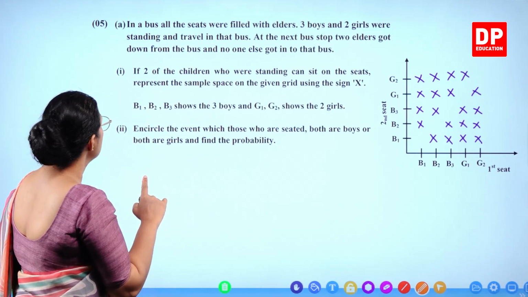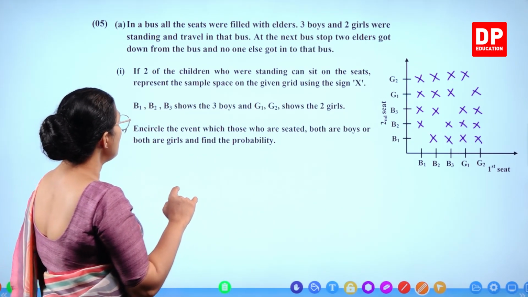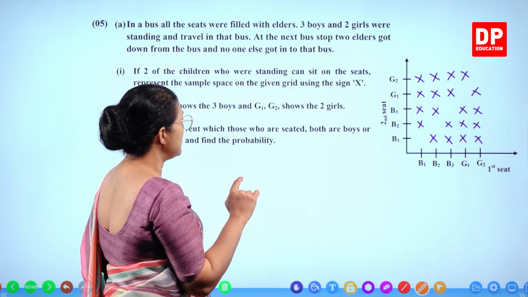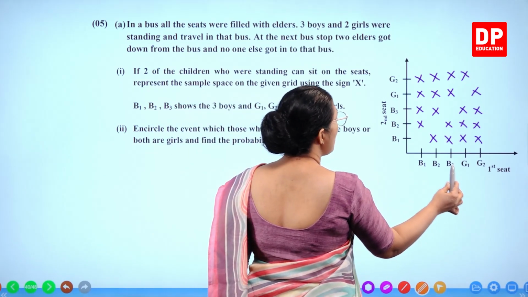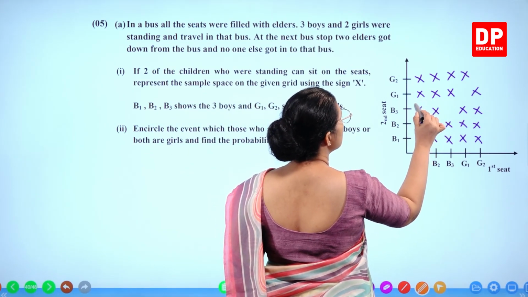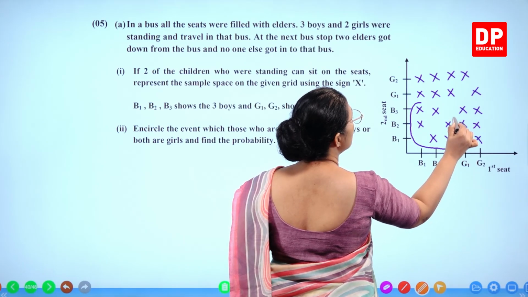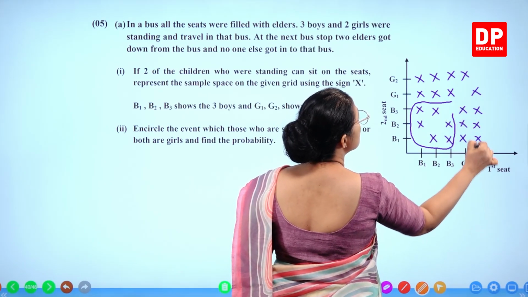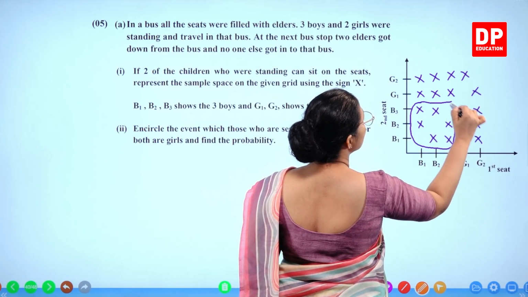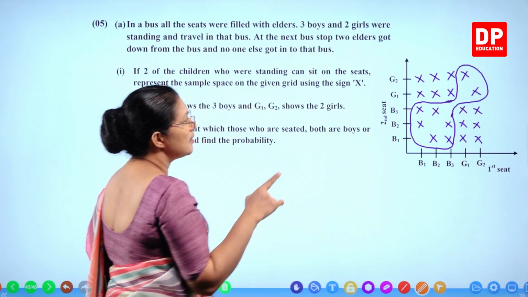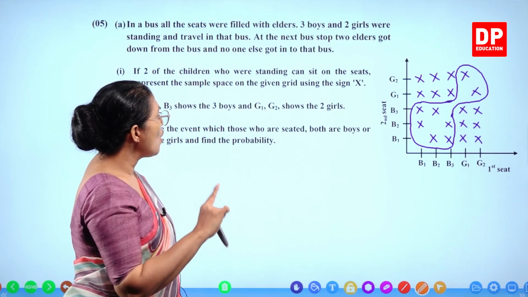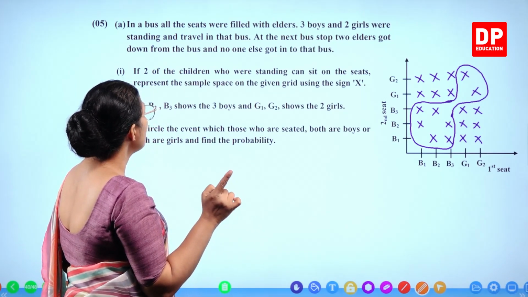Then it says, encircle the event which those who are seated both are boys or both are girls. So B with B, so boys are here and the girls here, this part. So encircle either 2 boys or 2 girls and find the probability.